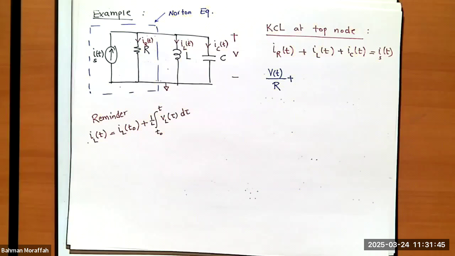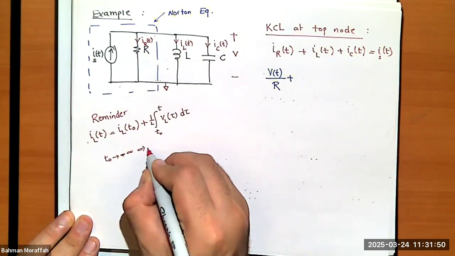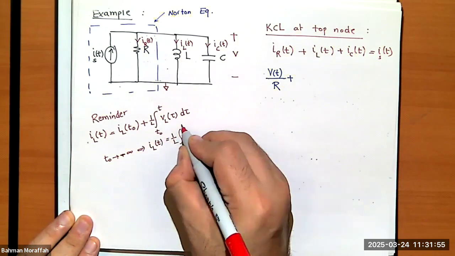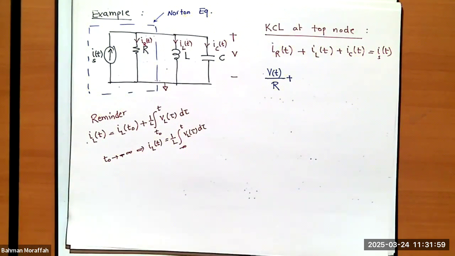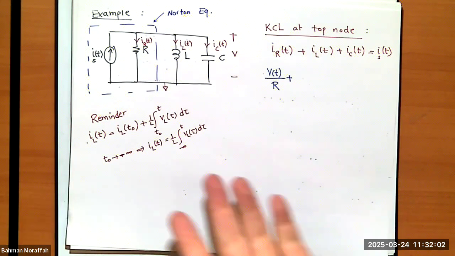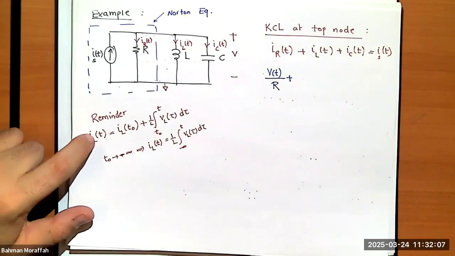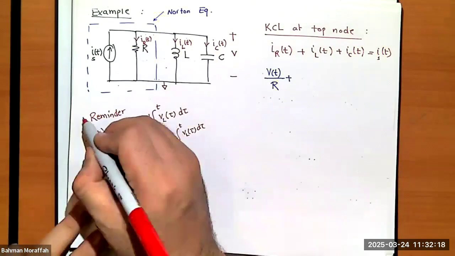Right? Remember, if t naught was negative infinity, we know IL of t is 1 over L, integral from negative infinity to t, VL of tau d tau. Right? And essentially, I can use any of these, and you're going to see why in a second. But for now, I want to use the one on the top. So instead of assuming my initial condition is happening at time negative infinity, I want to assume it happens at some time t naught. Right? So keep that in mind.